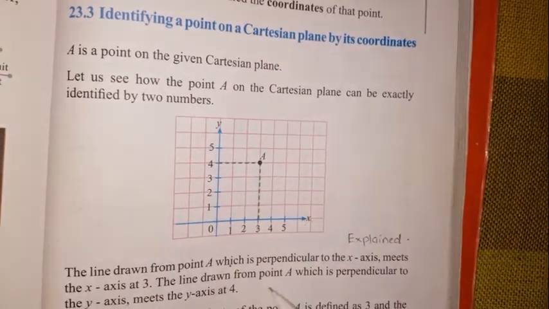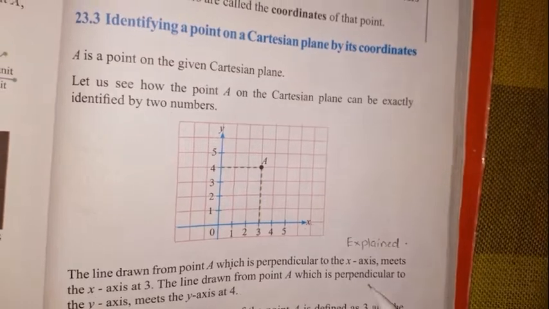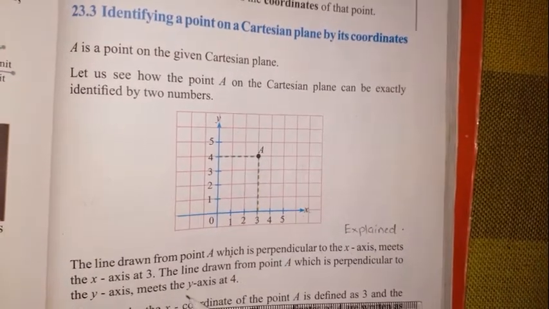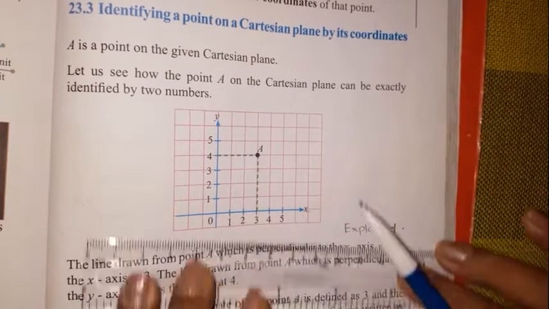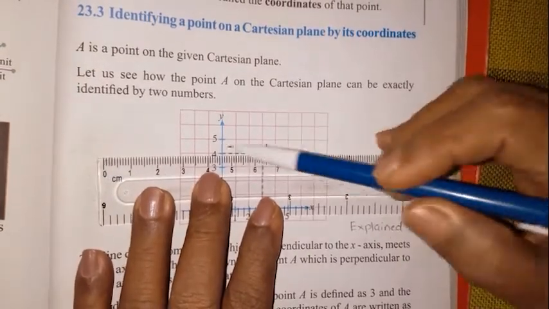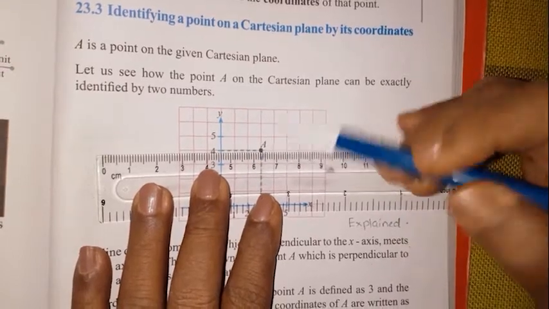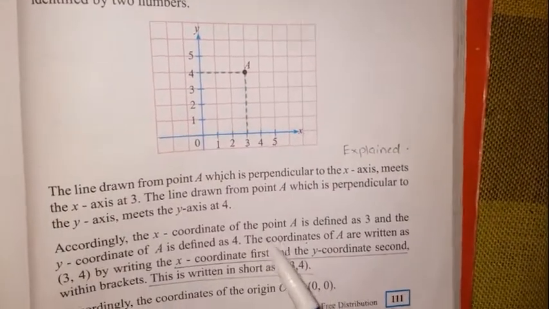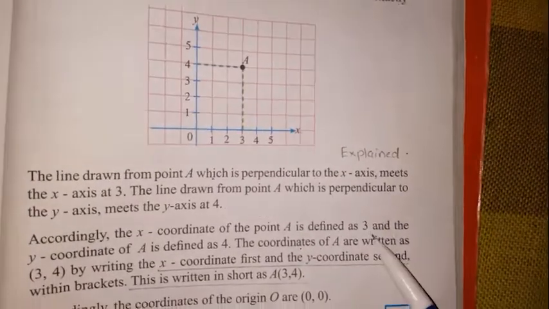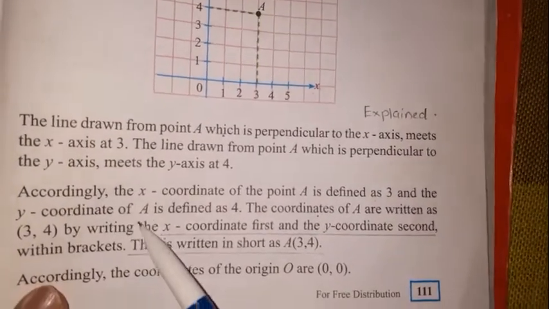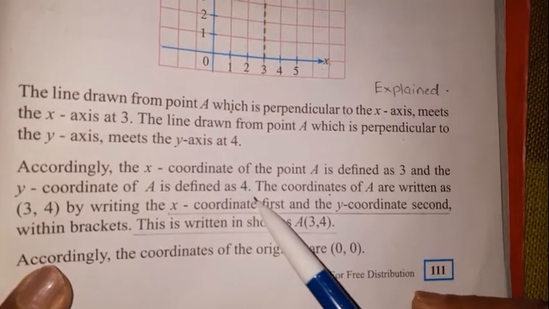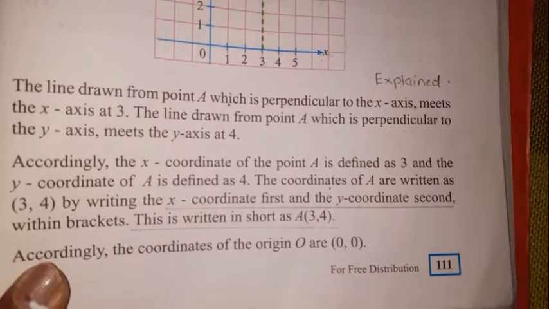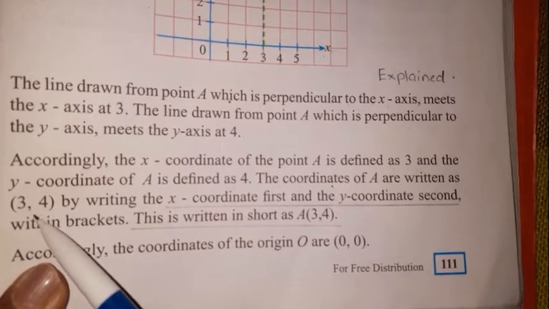The line drawn from point A, which is perpendicular to the y-axis, meets the y-axis at 4. Now when you keep a ruler, you can see 4. Accordingly, the x coordinate of the point A is defined as 3 and the y coordinate of A is defined as 4. The coordinates of A are written as (3, 4).